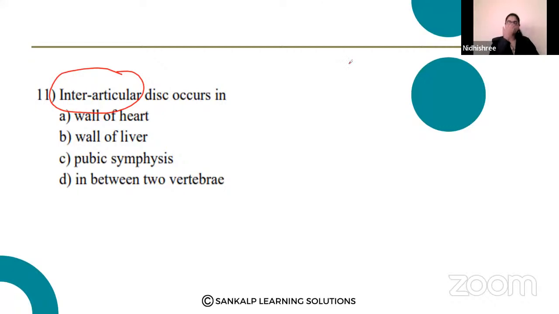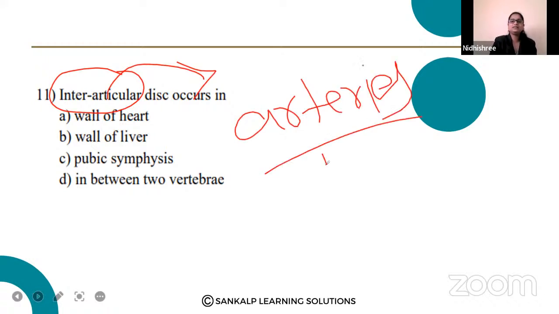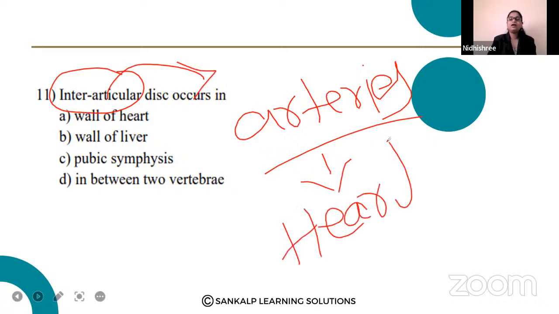So one who read it very clearly, those people will answer it. Most of them, as it says articular, think that it is related to the arteries. Arteries are one of the blood vessels emerging from the heart.